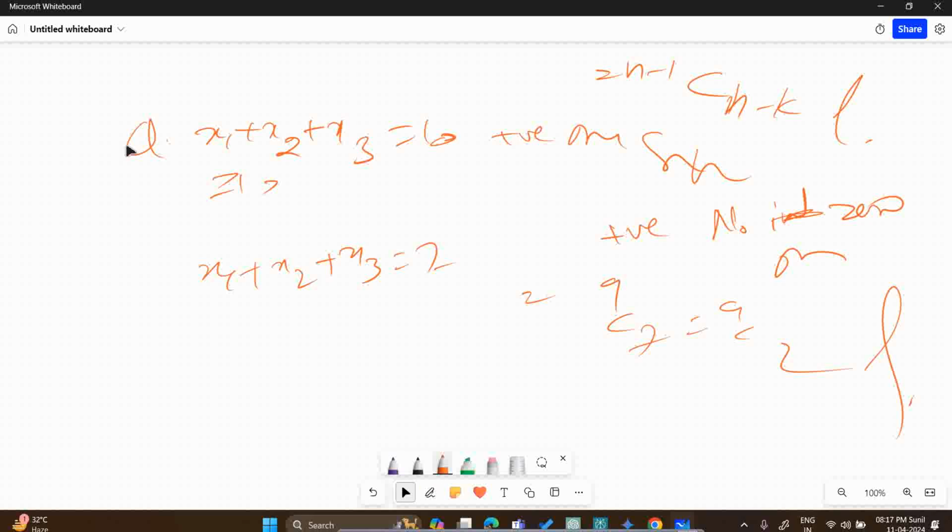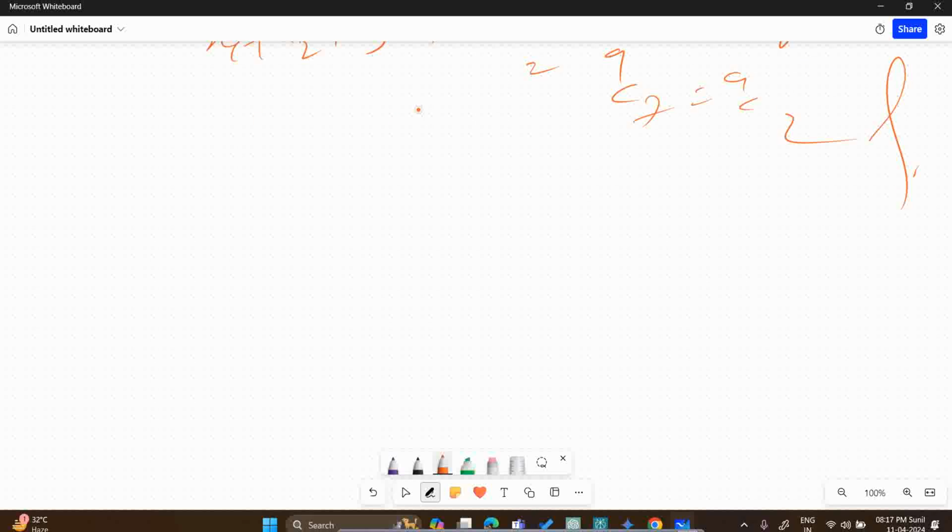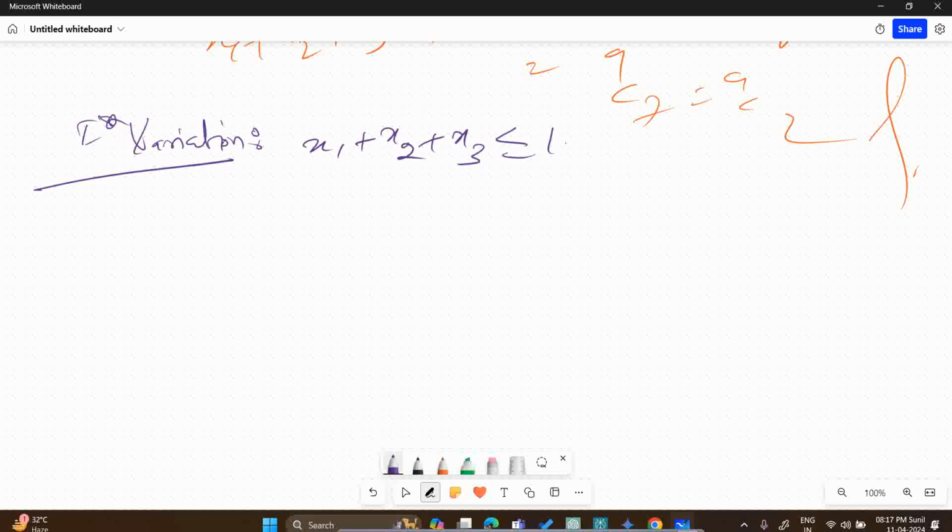Right. First variation in this type of question: let's say x1 plus x2 plus x3 is less than or equal to 10.